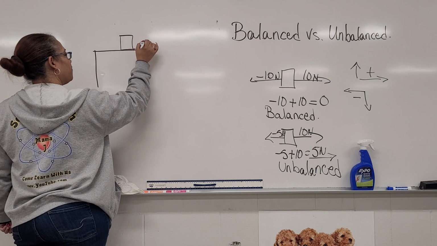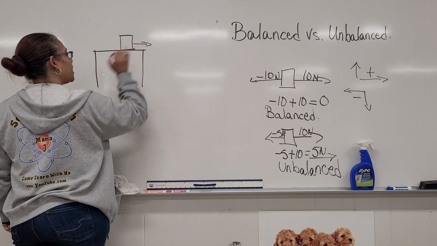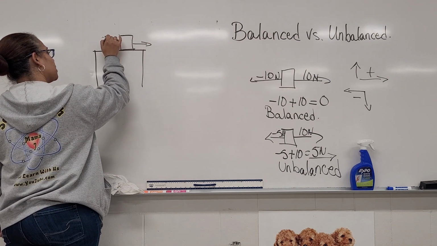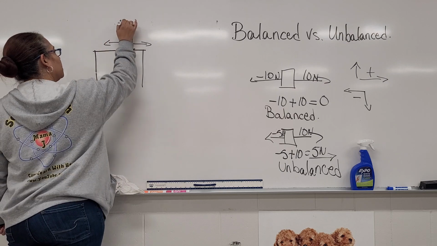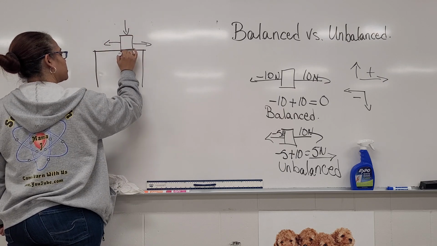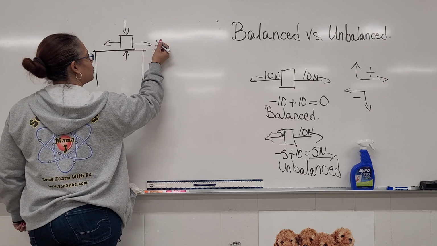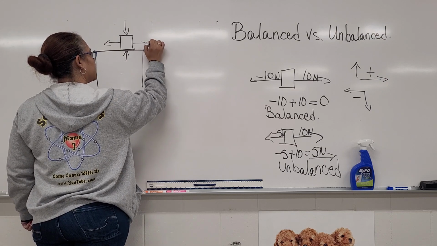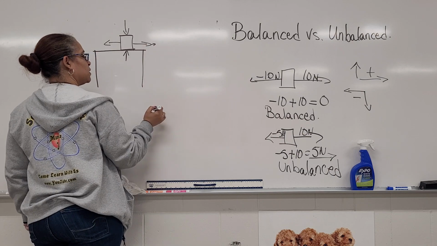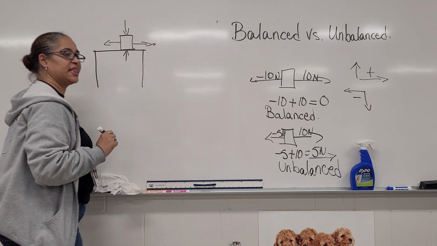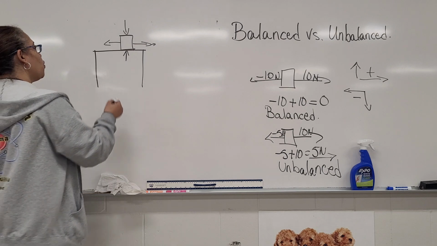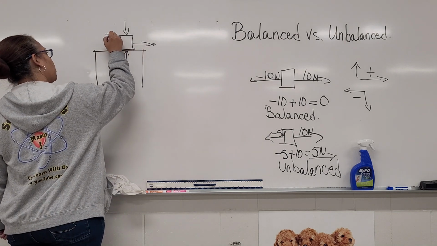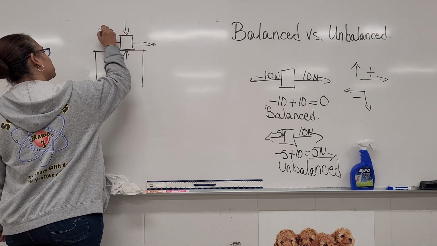And they show you a force going this way, a force going this way, a force going this way, and a force going this way. And let's say you have a person pulling this. Okay, so if a person is pulling it that way, well then this force is the frictional force.